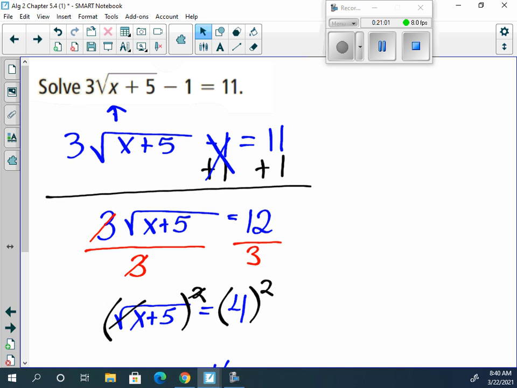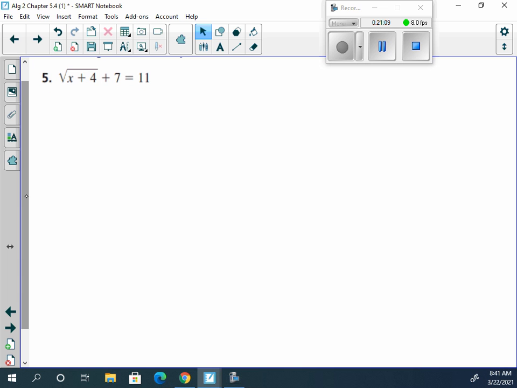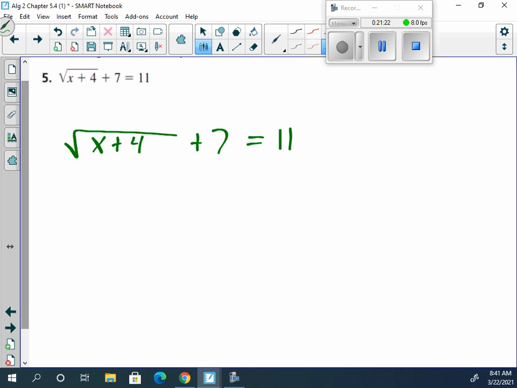So we good with this here before we move on? Yes? Let's do it. Square root of x plus 4 plus 7 equals 11.